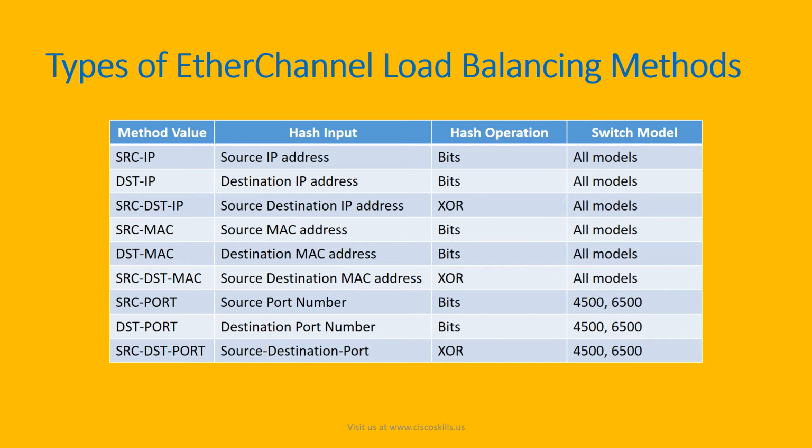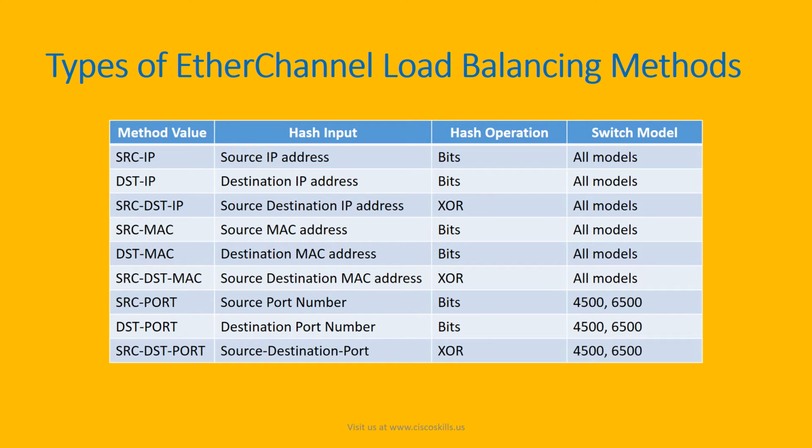And the same thing applies for the source MAC address, destination MAC address, source and destination MAC address, and source port number, destination port number, source and destination port number. And you can see, if only one parameter is used, the hash operation is bits, but with 2 parameters, source and destination, it will use an XOR hash operation.